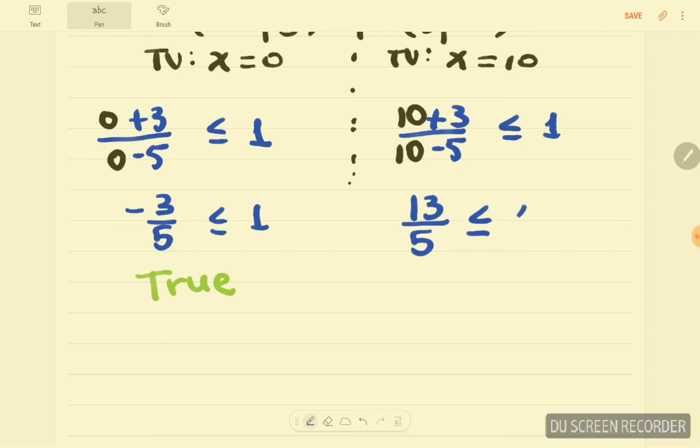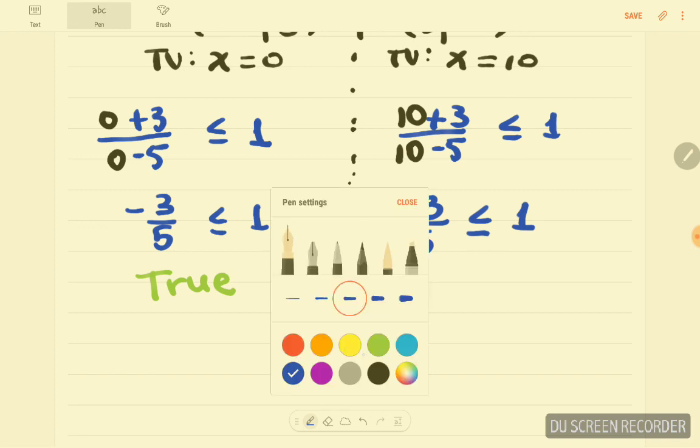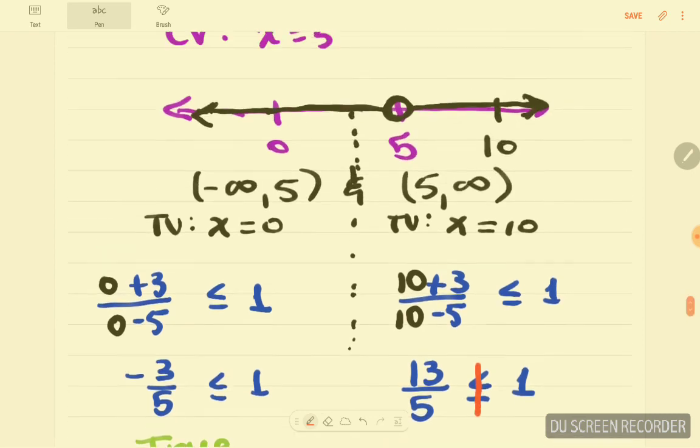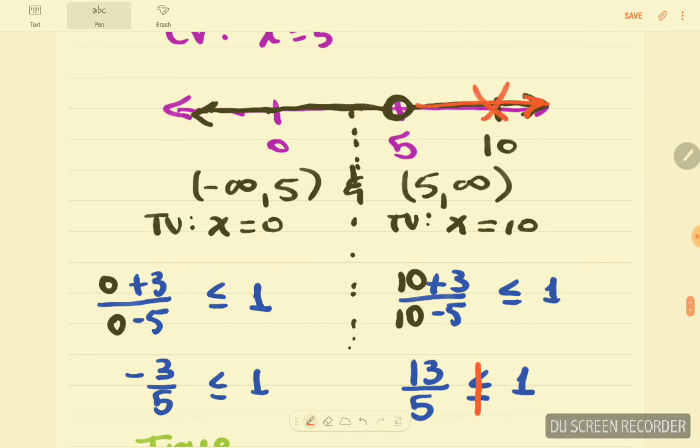Is that less than or equal to 1? Well, no, because 5 can go into 13 more than one time. So this is not a true statement. It is a contradiction. So I will not include this portion over here. I will not include that in my final solution set.